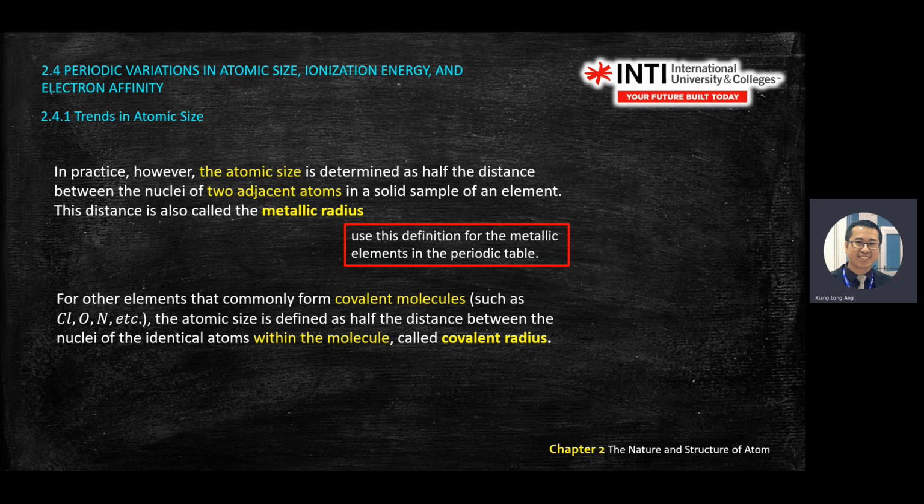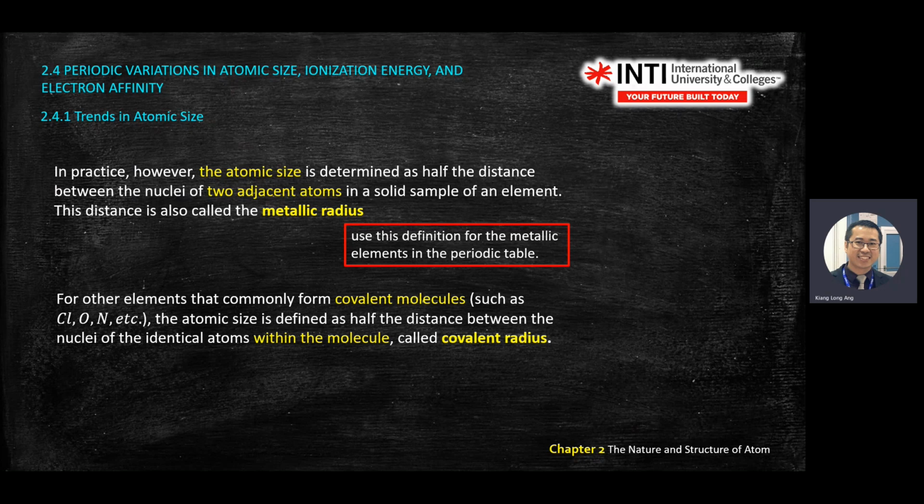You only need to know that in a periodic table there are metal and non-metal elements. Another bonding is called covalent. Covalent is for non-metals, for example chlorine, oxygen. The atomic size is also half the distance between the nuclei, but within the molecule.